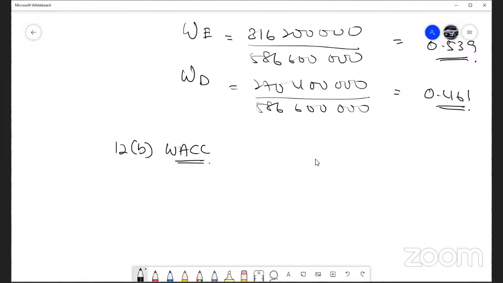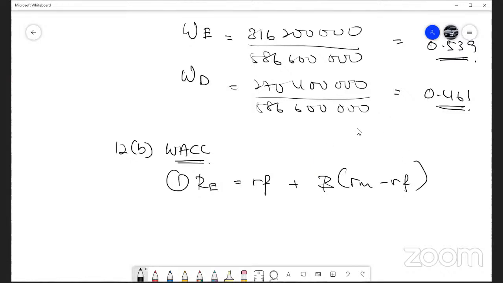Before you find WACC, you need to find your cost of equity first. So cost of equity, simple lah. Use the CAPM model. Okay, risk-free plus beta times RM minus RF.